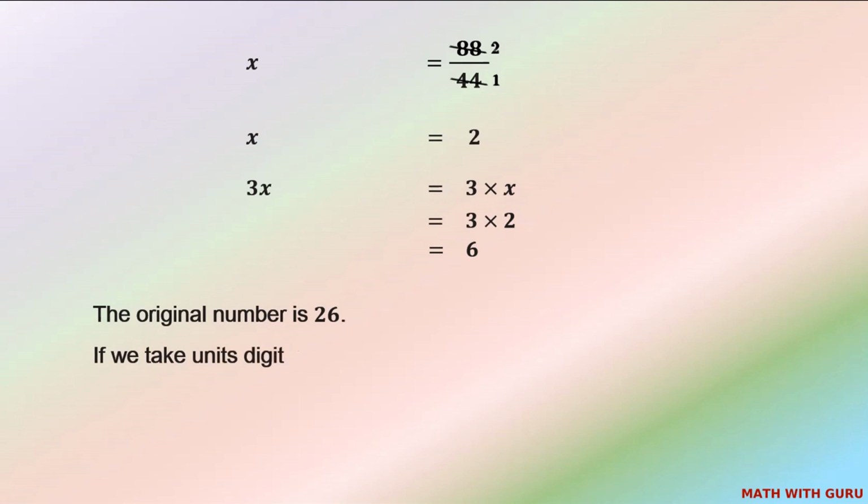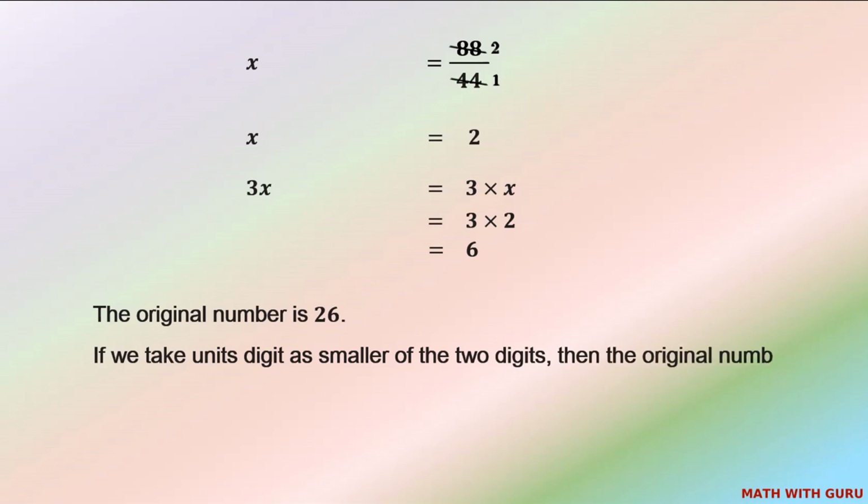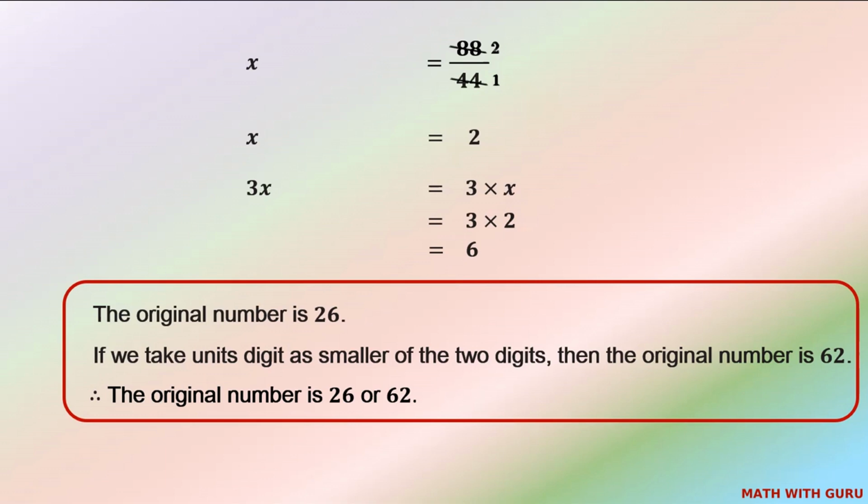If we take the units digit as the smaller of the two digits, then the original number is 62. Therefore, the original number is 26 or 62. Add them together. You get 88. Therefore, our answer is correct.